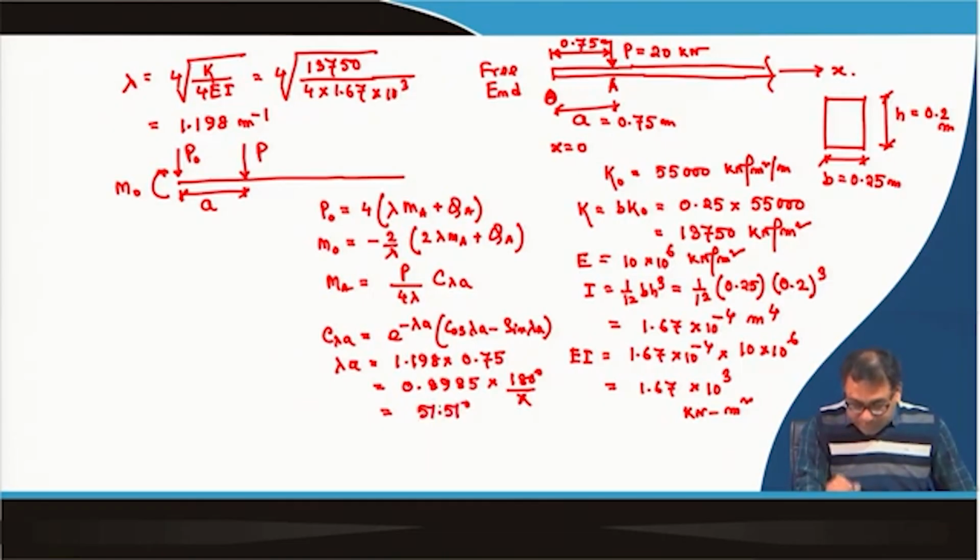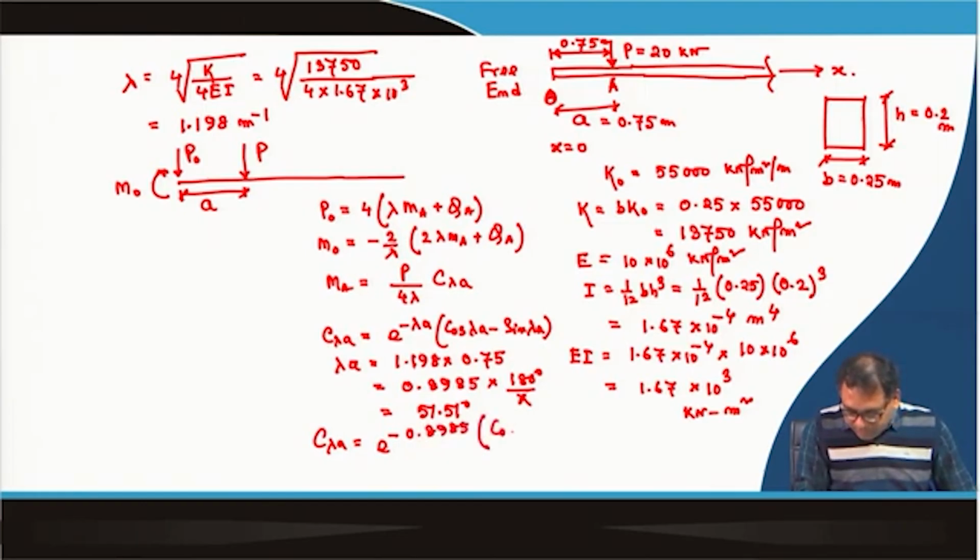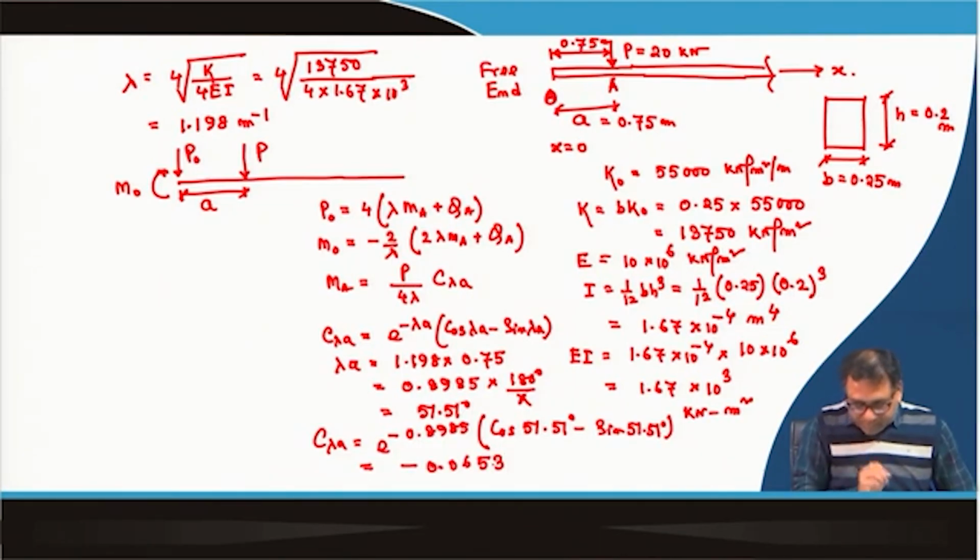51.51 degrees. Now, if I calculate C lambda A, that will be e to the power minus 0.8985, cos lambda A is 51.51 minus sin 51.51 degrees. So, this is equal to minus 0.0653.